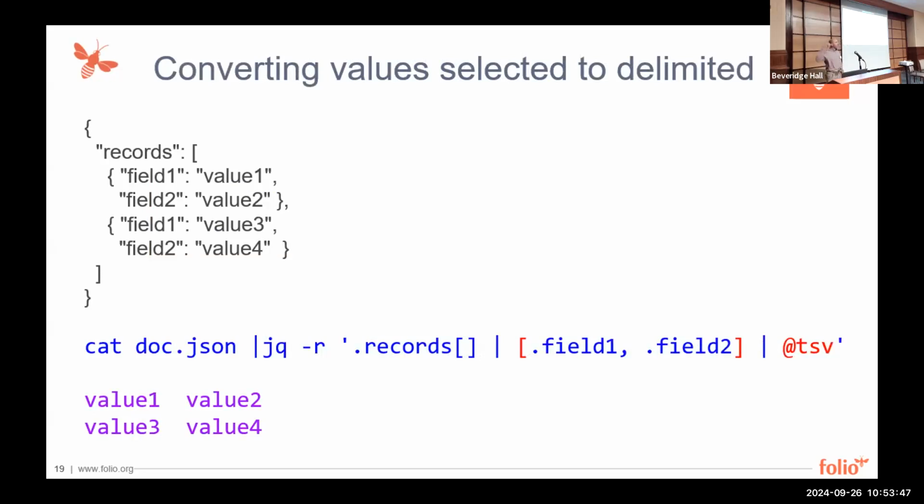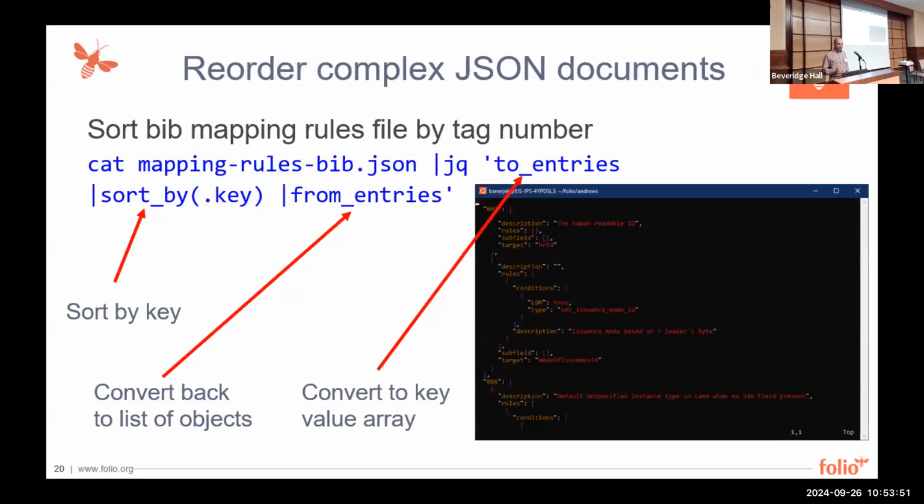As we go down, we can find that we can do more complex things. I probably shouldn't have put this example in right away, and I know nobody can see anything, but if you could see the example, instead of key value pairs, you just have a bunch of keys. It's the bib mapping rules file.